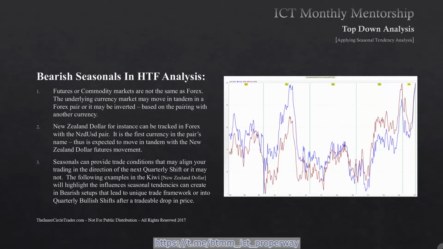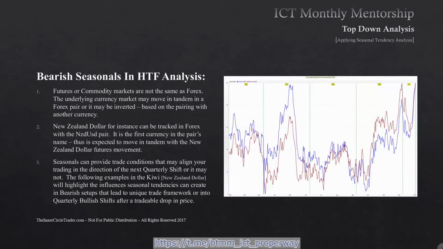Everything has a seasonal tendency, but you have to study it and go through a long process of compiling all that data to get to the outcome that would highlight where a seasonal tendency rests most predominantly. If you're looking at this chart here, obviously you can see that there are certain points where price moves on the blue line and on the red line.